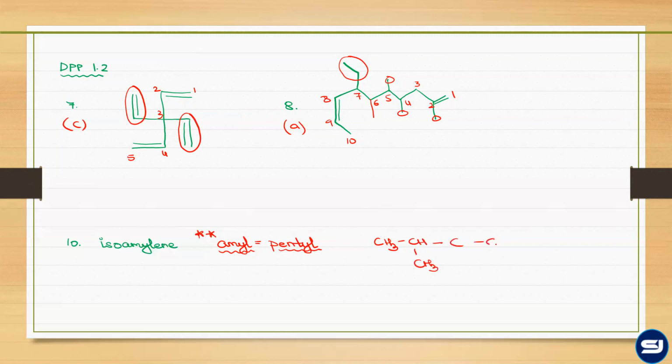So remaining 2 carbons will be present as the parent chain and it will be having a double bond. So satisfying the valency, this will be the structure for isoamylene. अब इसका IUPAC name के लिए the numbering will be done from the right side and it will be 3-methyl but 1-ene. तो इसमें important ये था कि amyl is same as pentyl group.